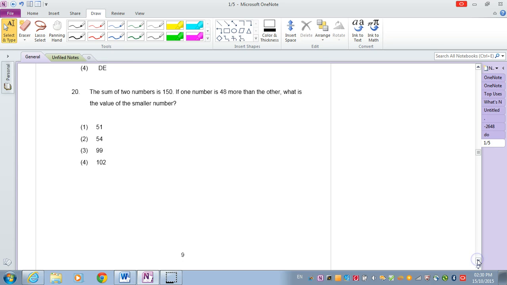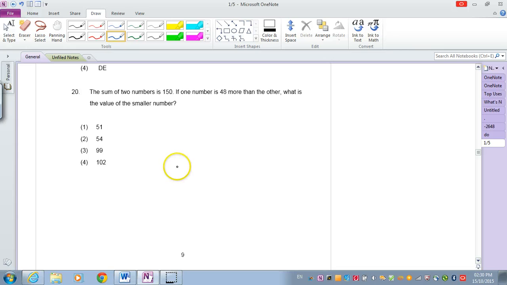Now, the sum of two numbers is 150. If one number is 48 more than the other, what is the value of the smaller number? Okay, now it sounds very complicated, but if you draw your model, it will be easier. So, there are two numbers.